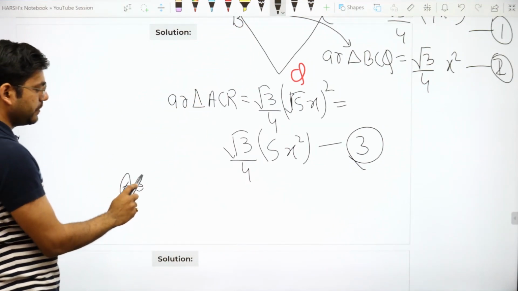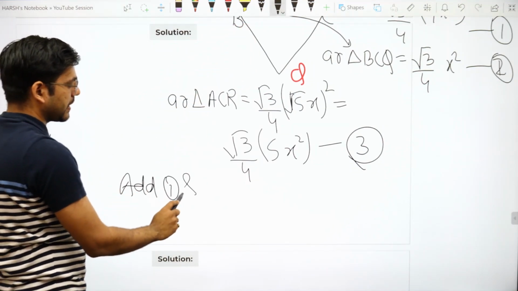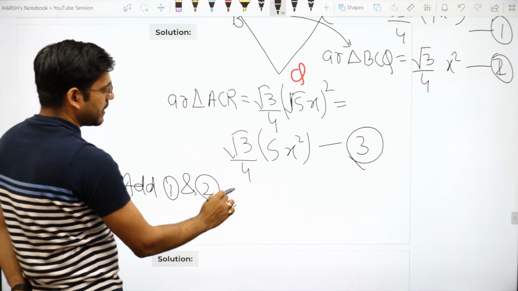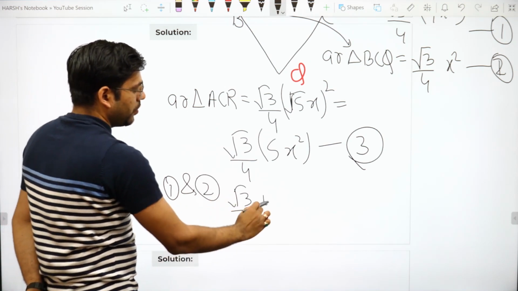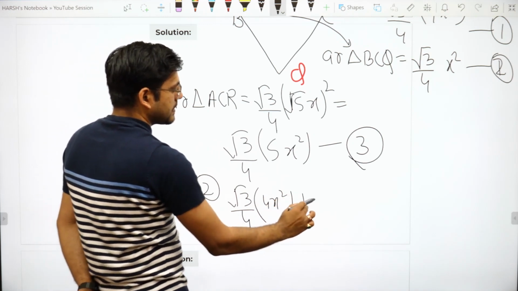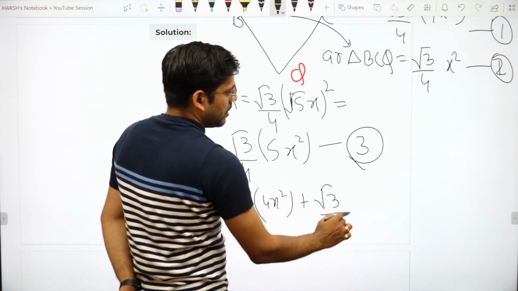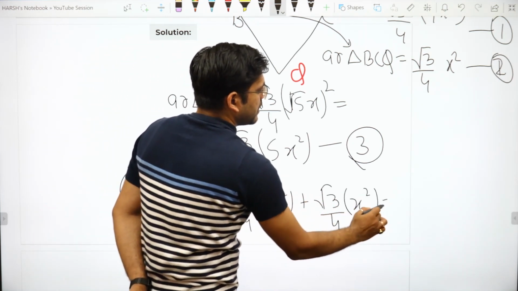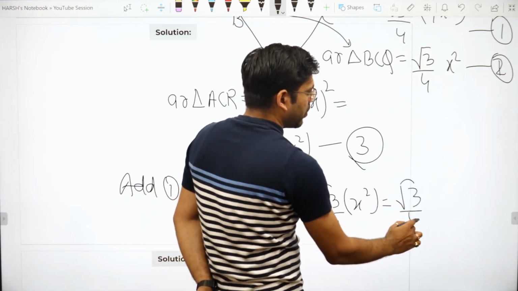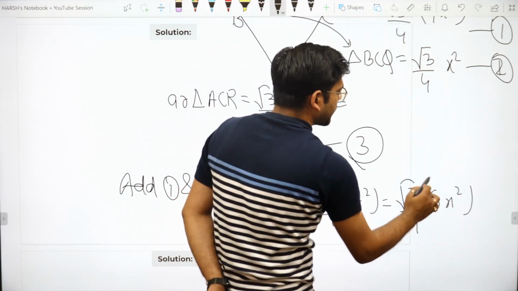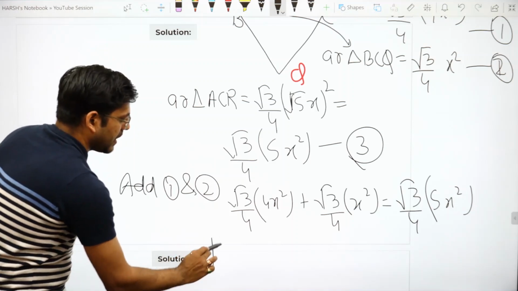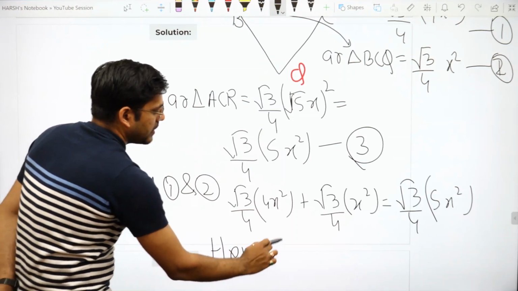Add first and second. So if I add first and second, it will be root 3 by 4 into 4x square plus root 3 by 4 into x square, that is equal to root 3 by 4 into 5x square. So hereafter I'll write hence proved.